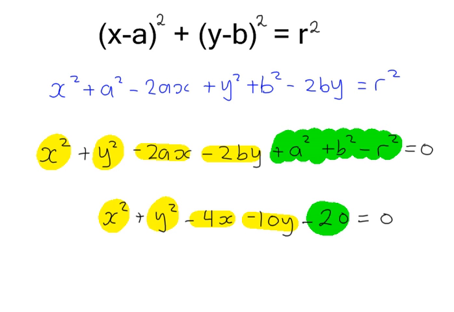So if you're given an equation of a circle in this form, how can you state the coordinates for the center of the circle and the radius of the circle?